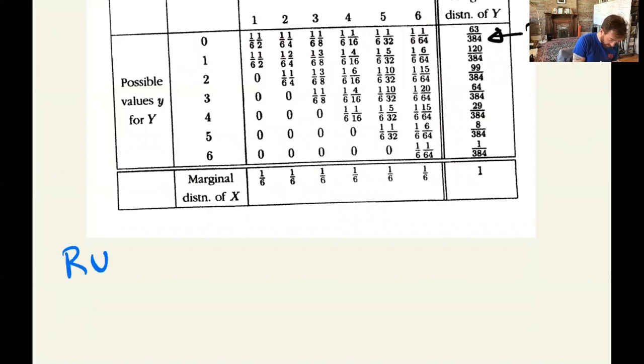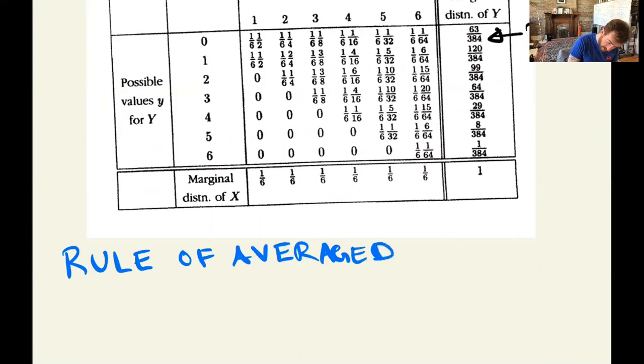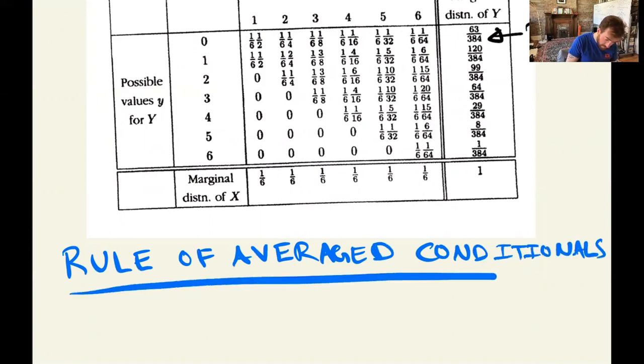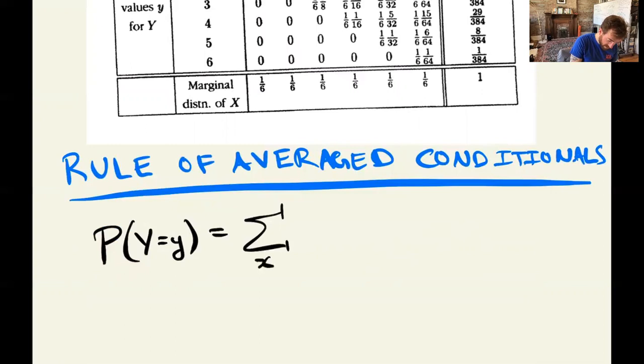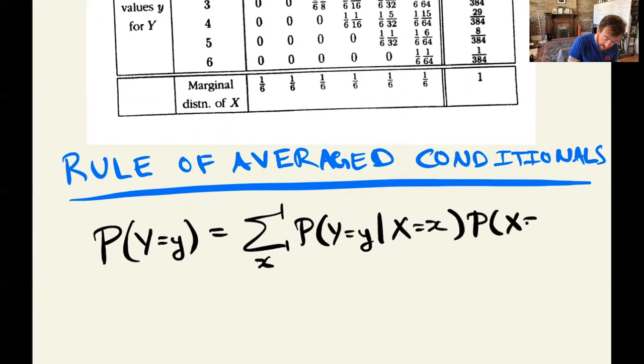The rule of averaged conditionals essentially says this: the probability that capital Y equals little y is equal to the sum over all possible values of x of the probability that Y equals little y, given that capital X equals little x, times the probability that capital X equals little x.